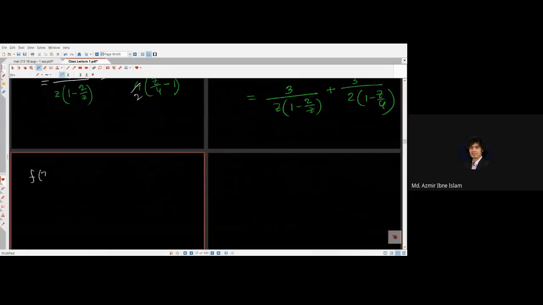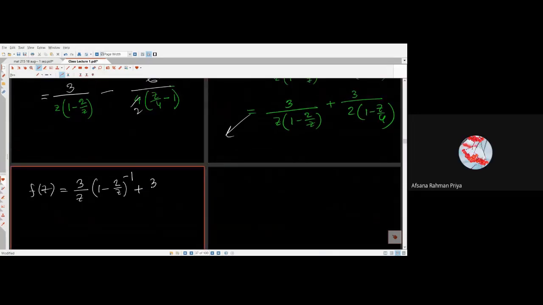So now we can write f of z as 3 by z. If we use the reciprocal, then it will be 1 negative 2 by z inverse. Is that okay? Yes, sir. 3 by 2, 1 negative z by 4 inverse.